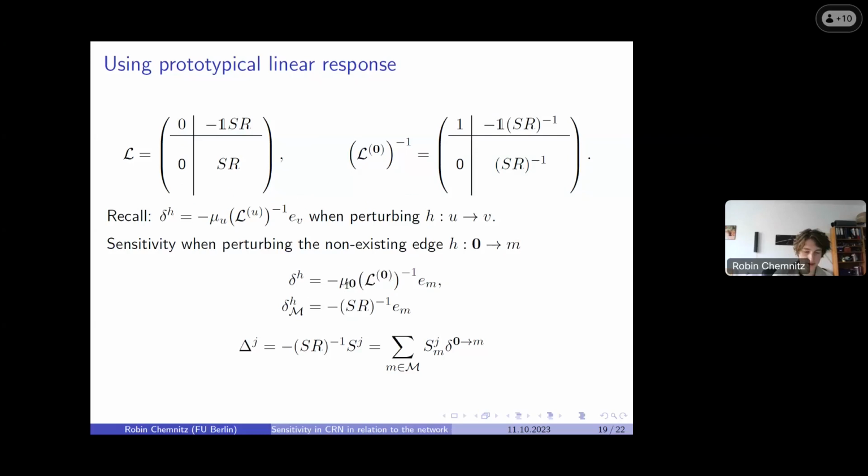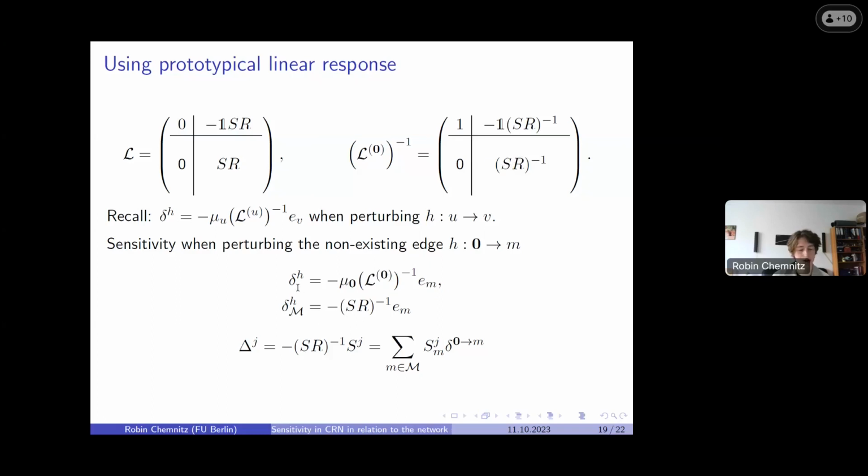Since mu is just the unit vector in 0, this is just a 1, so we can omit this. And note that this matrix has SR minus 1 in the lower left corner. So if we multiply by an m, which is a metabolite, then we just get exactly these entries of SR minus 1 down here.